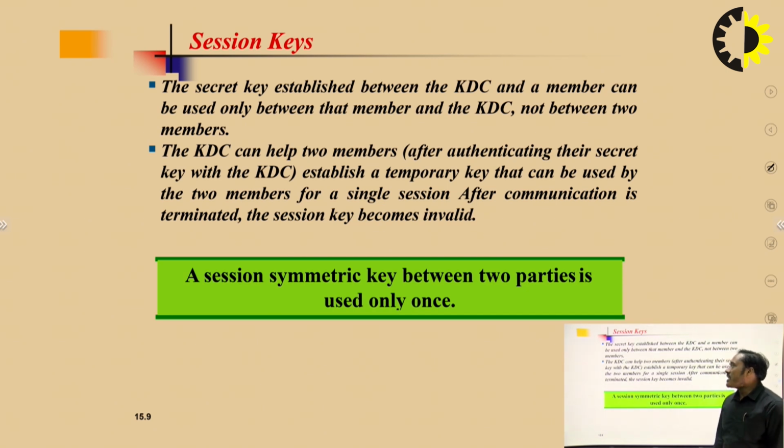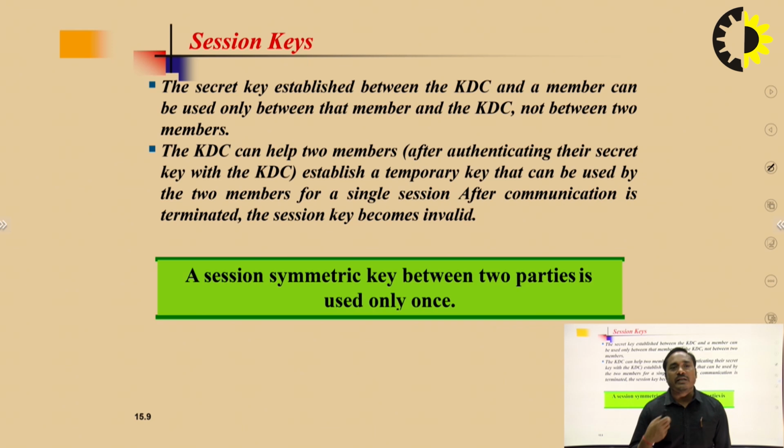Now the second point is that the KDC can help two members establish a temporary key that can be used by the two members for a single session. If I want to communicate with another person, first I send a request, which is passed on by the KDC, and there is a session between me and that person, and that session is temporary.